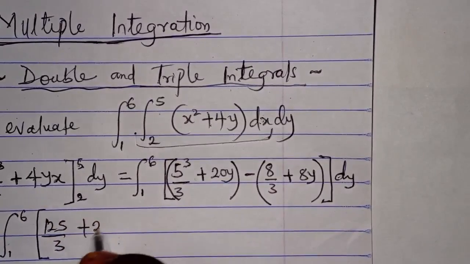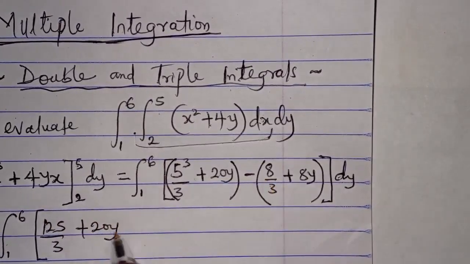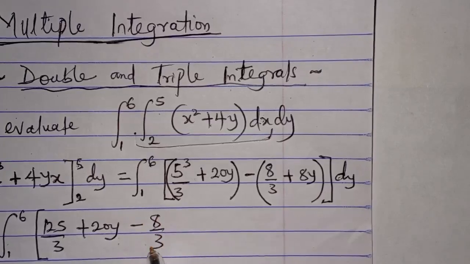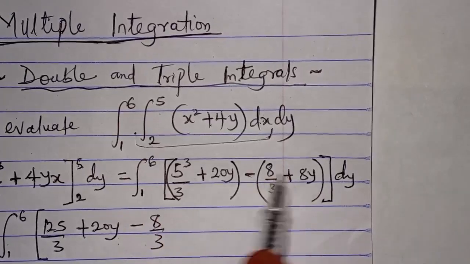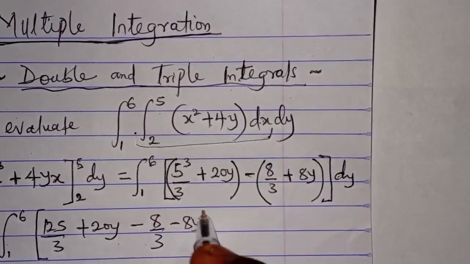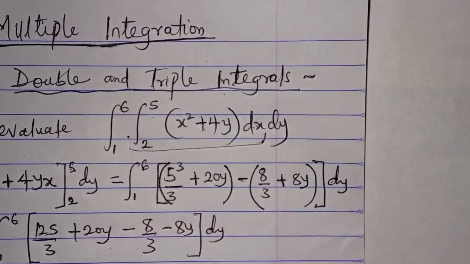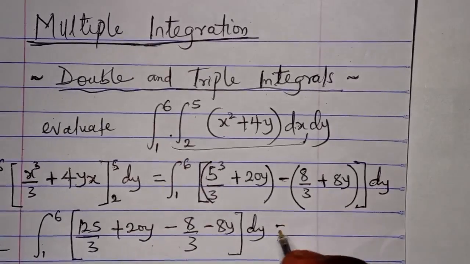Then plus 20y minus 8 over 3, minus 8y dy. And what would this be?